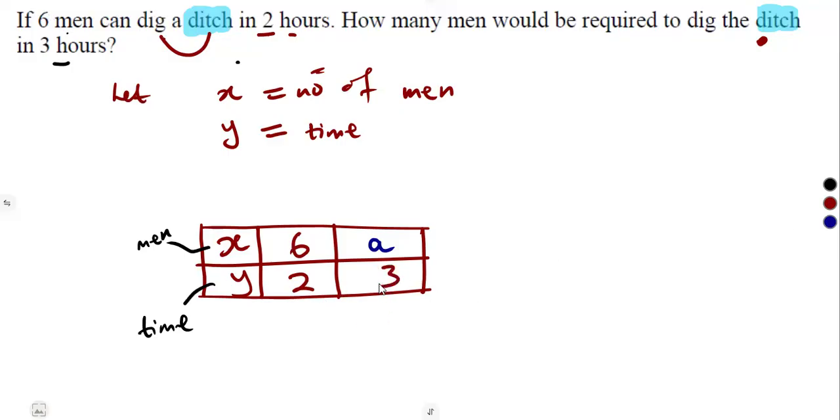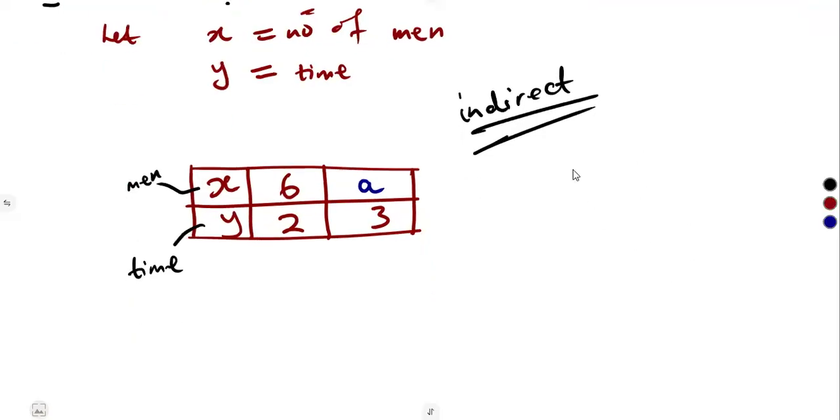This is what we have. So from this condition, from the look of our information, this one is what? An indirect proportion. One is increasing, another one is decreasing. So that's an indirect proportion. With an indirect proportion, how do you answer your questions?